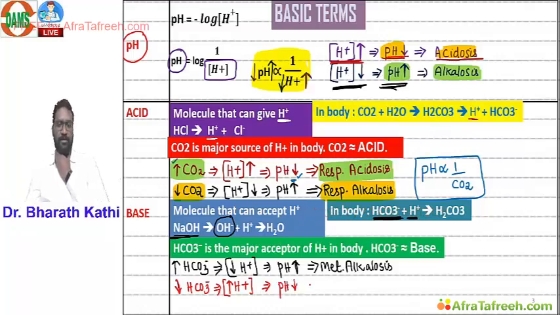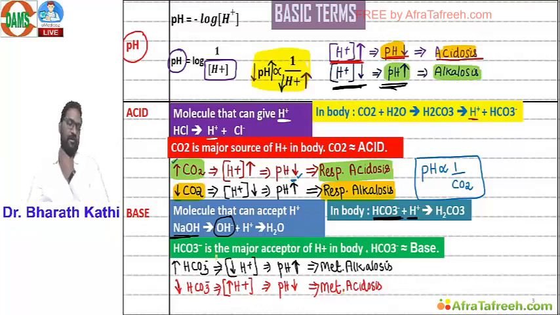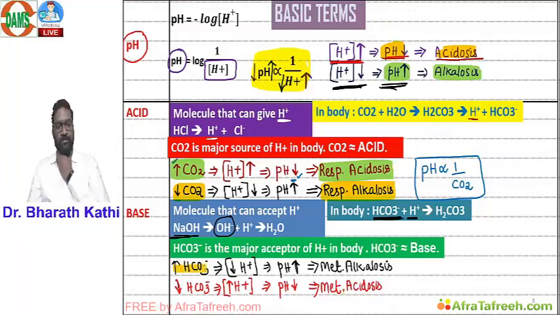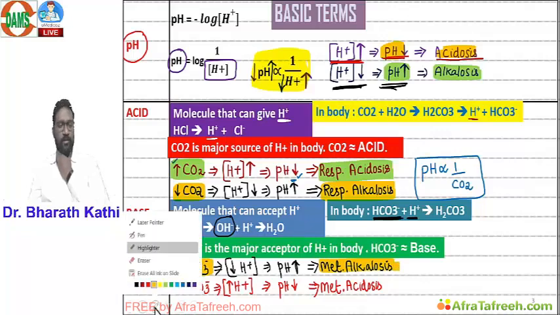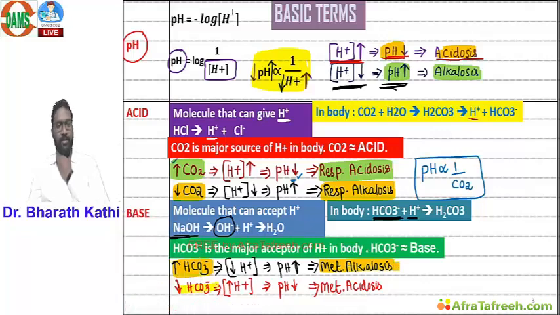Anywhere decrease in pH is called acidosis, and it is due to bicarbonate. That's why it is called metabolic acidosis. In very simple words, bicarbonate retention is metabolic alkalosis. Bicarbonate loss is metabolic acidosis.